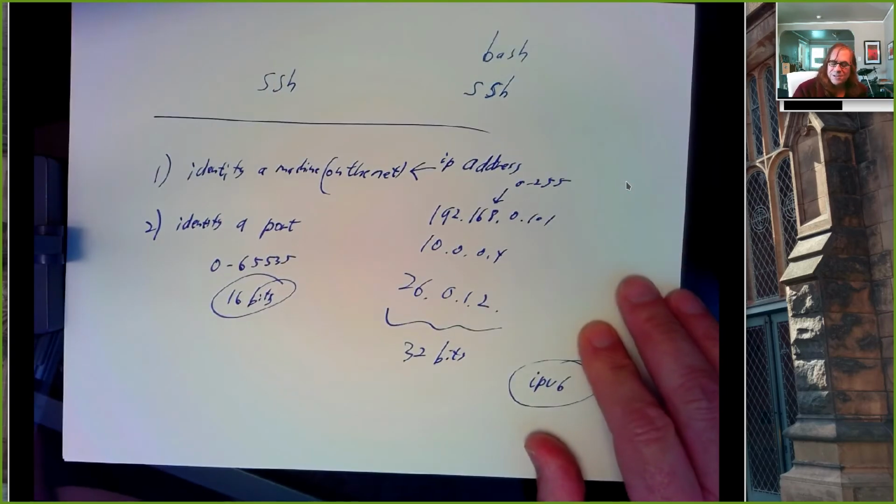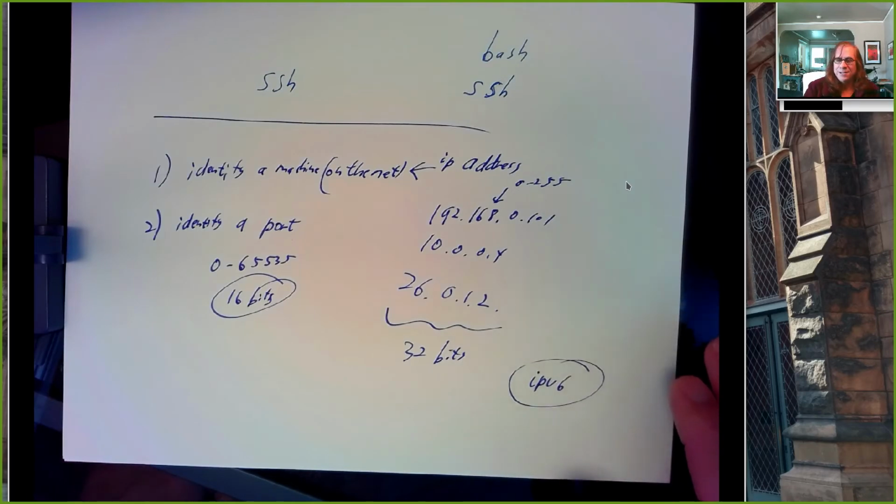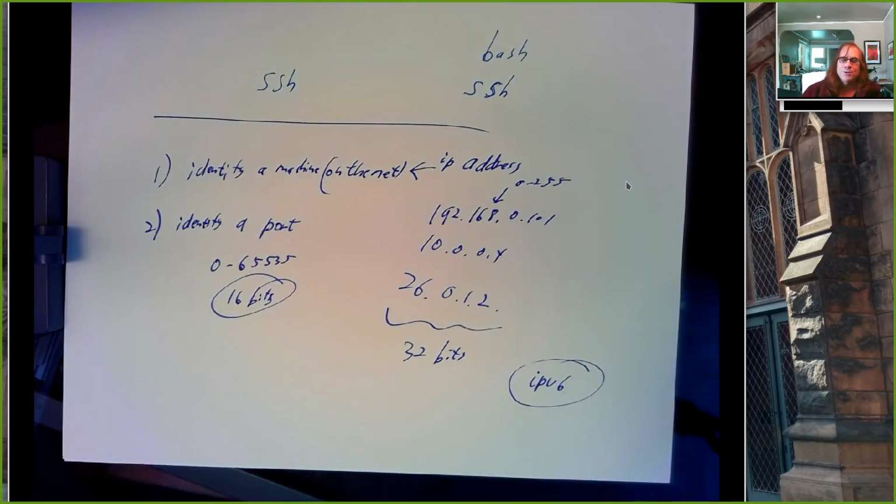But the other thing is, most of us live on an intranet instead of an internet, so it's a local network, right? And we only have to discriminate among the devices on that local network. So I've got a few laptops and some printers and some phones and some tablets and things like that.